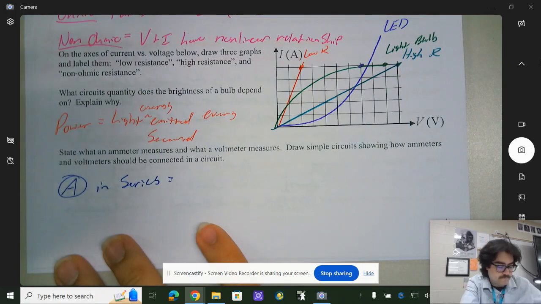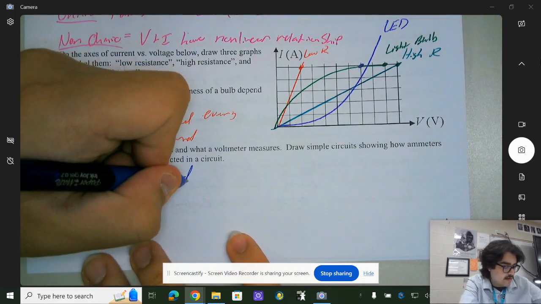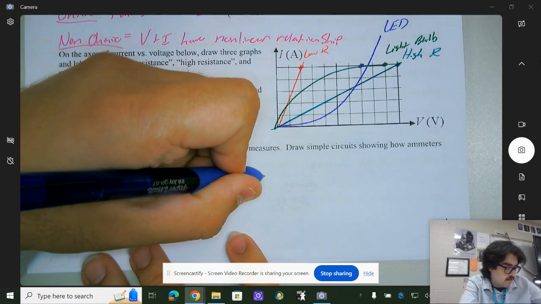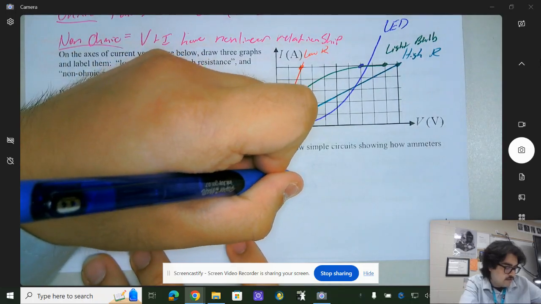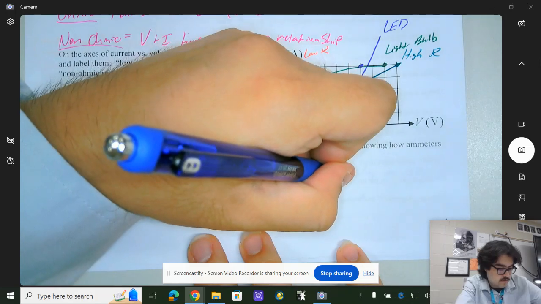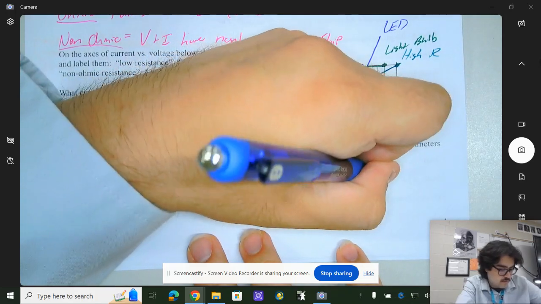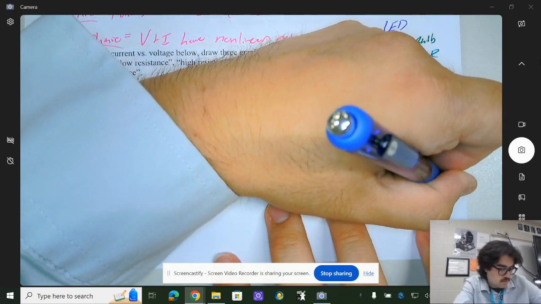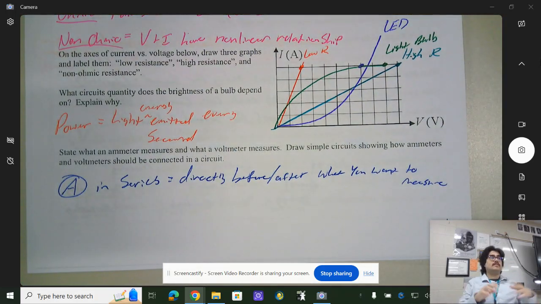They go directly before or after what you want to measure. You integrate them into the circuit. It has to be a part of the circuit.